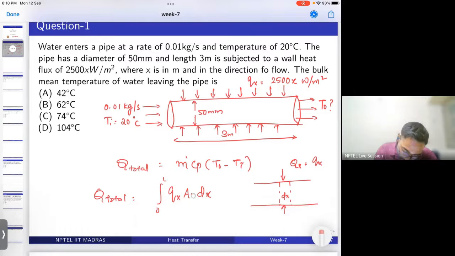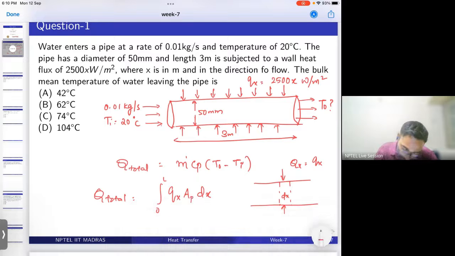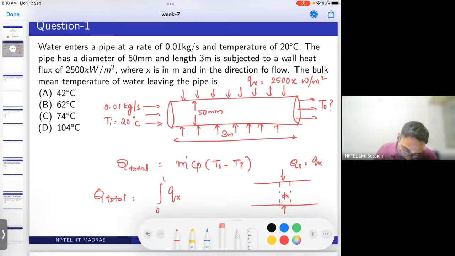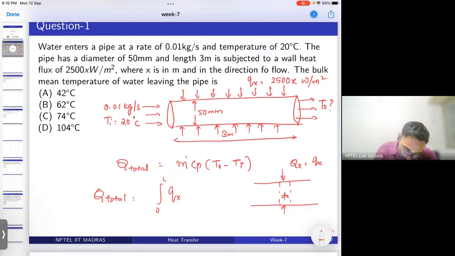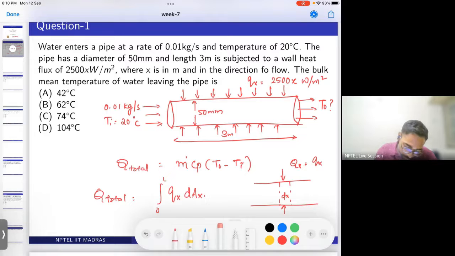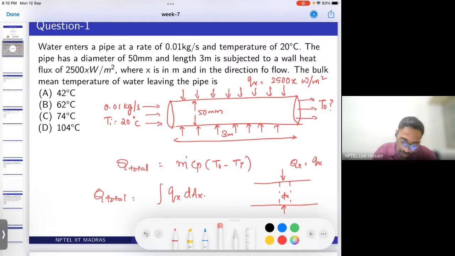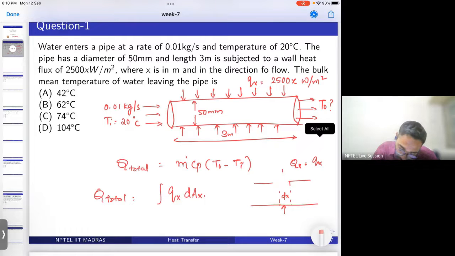This is not A x, this is P. We can write it as P dx. This is the actual expression for this elemental surface area.